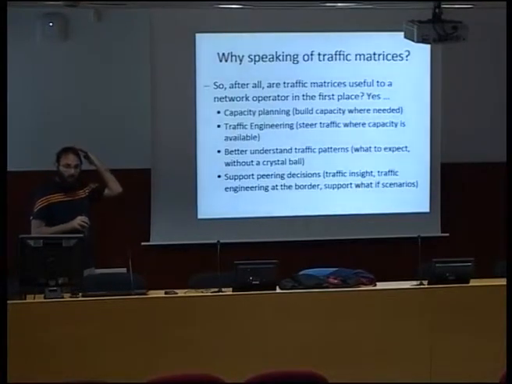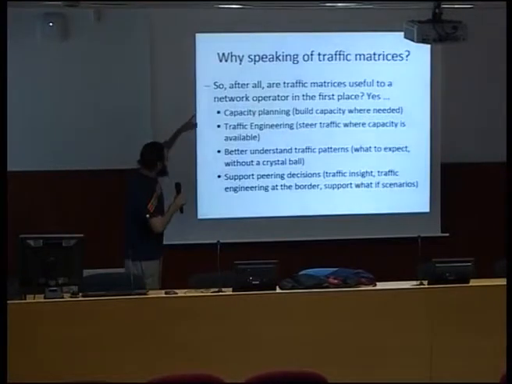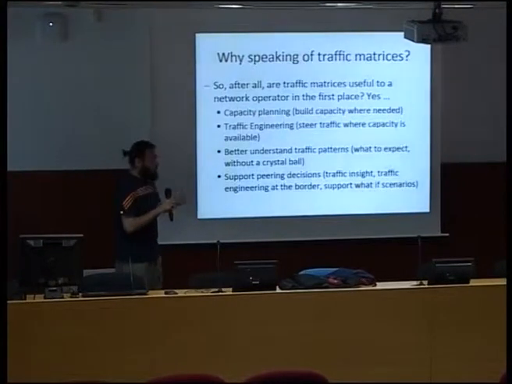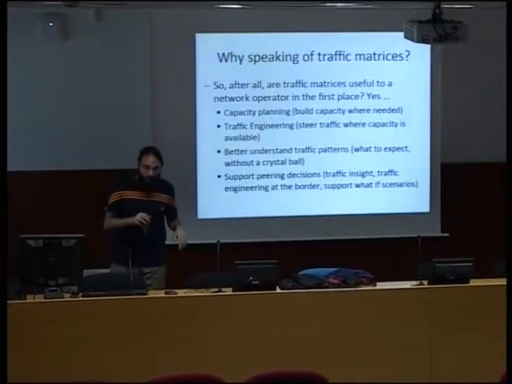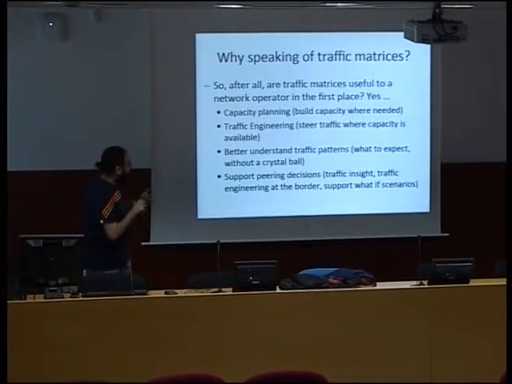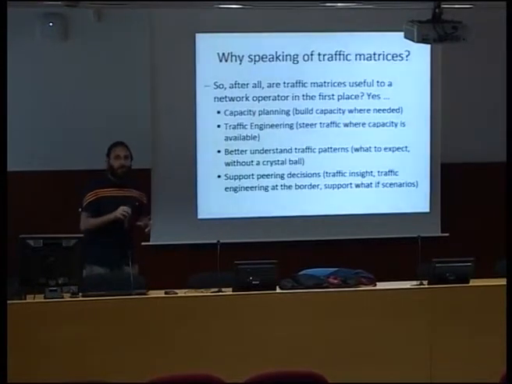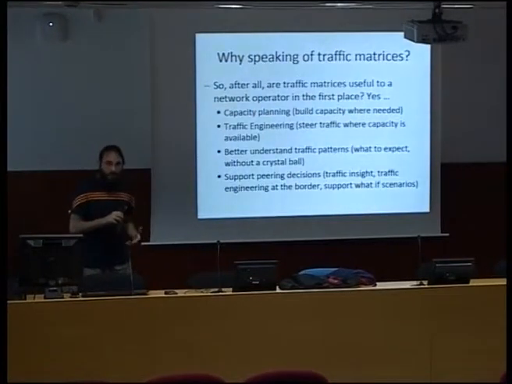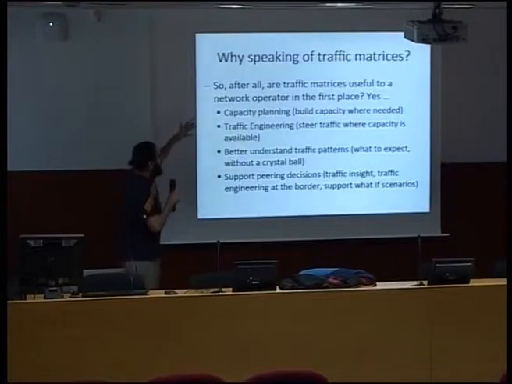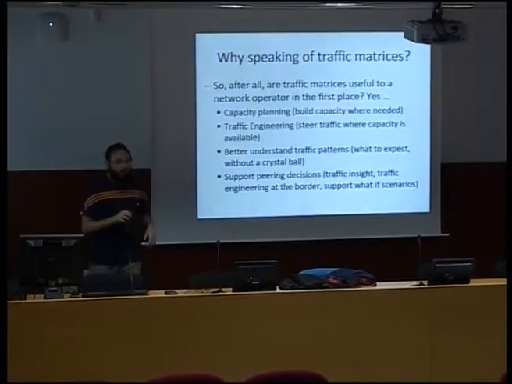Because if you speak about traffic matrices, there are a few common tasks that you can do with a traffic matrix, and all of them, in one way or another, you can really link to money, and a lot of money. For example, you can do capacity planning with a traffic matrix.